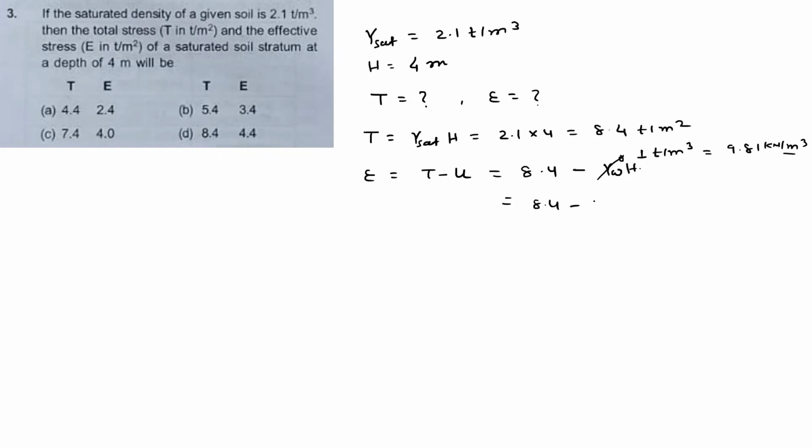So 8.4 minus 1 into 4, 8.4 minus 4, this is 4.4. So 8.4 and 4.4, D will be the answer. So total stress is equal to effective stress plus pore water pressure u.